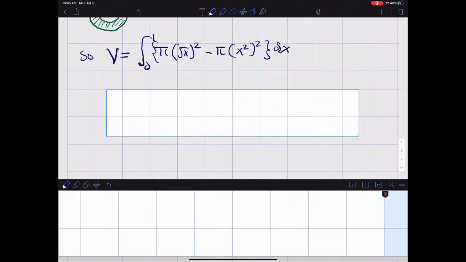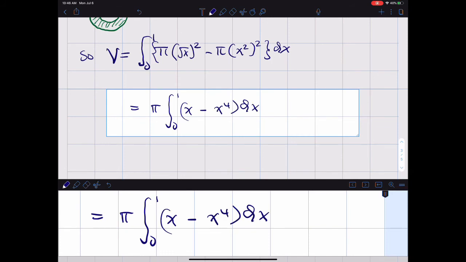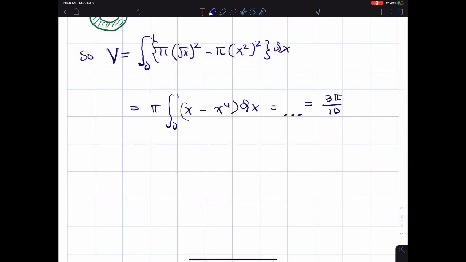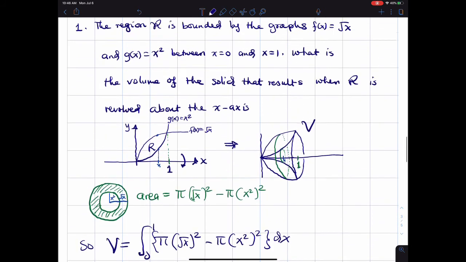If you factor out a pi, you'll be left with the integral from 0 to 1 of x minus x to the 4th dx. All right, if you keep going and you do this integration, you're going to end up with 3 pi over 10. I want you to try it.